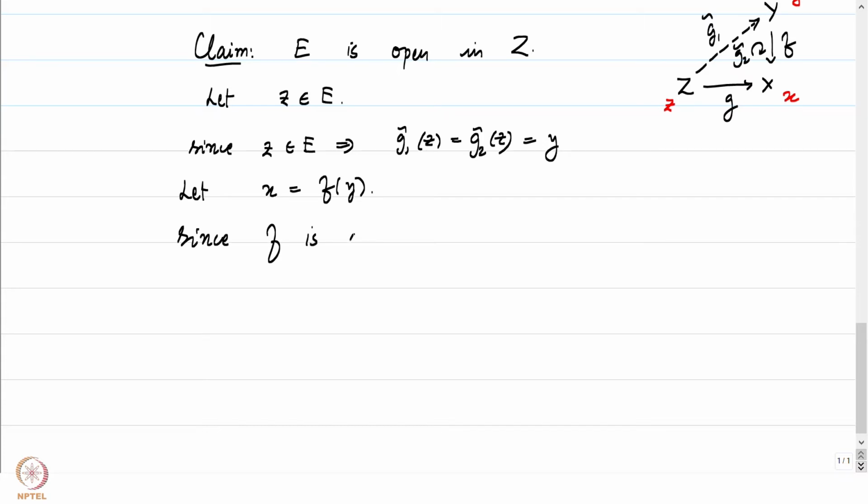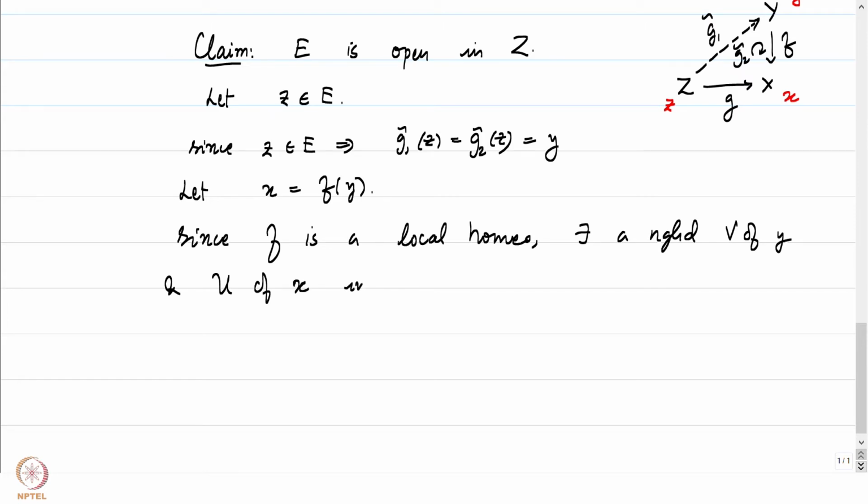Since F is a local homeomorphism, there exist neighborhoods V of Y and U of X, which is F of Y, in Y and X respectively, such that F restricted to V from V onto U is a homeomorphism.